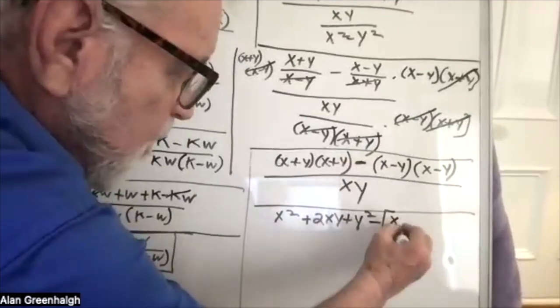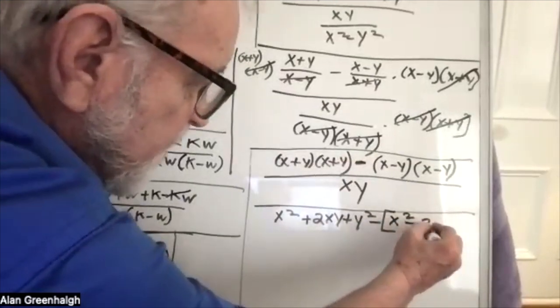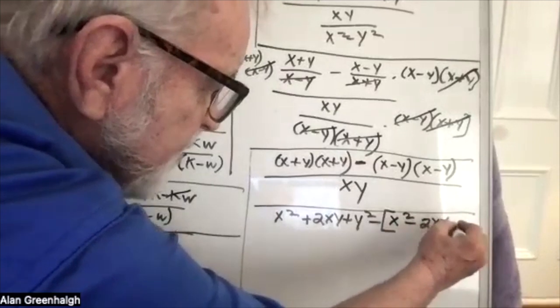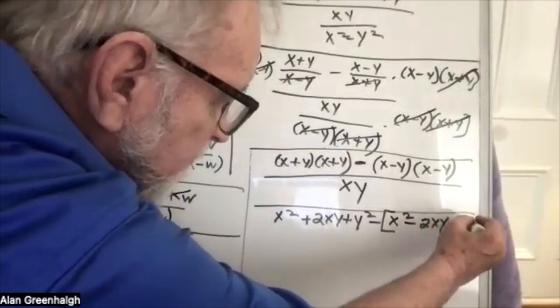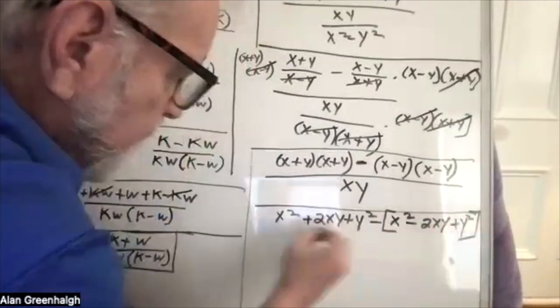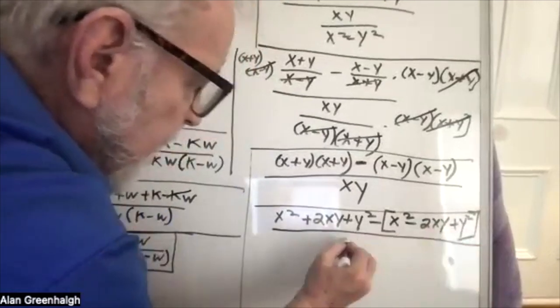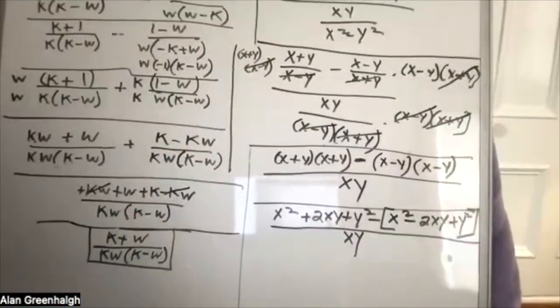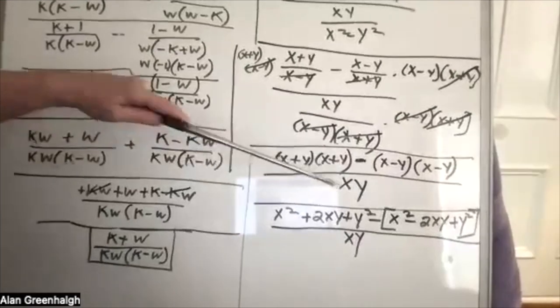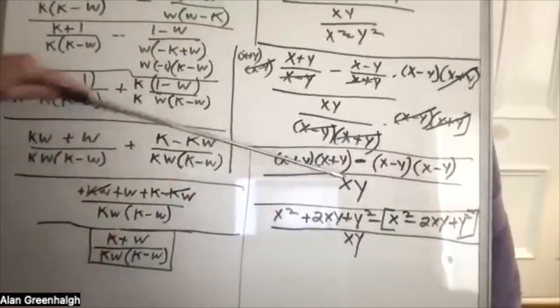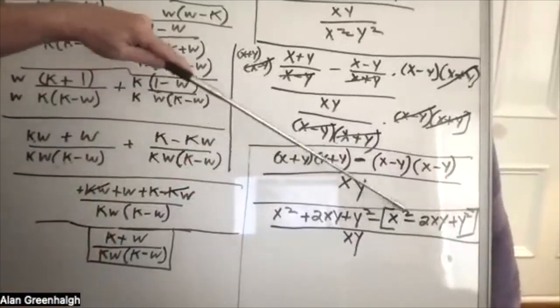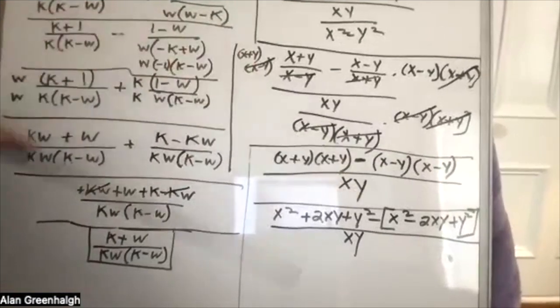This is x squared. This is negative 2xy. This is positive y squared over xy. Now I'm going to use that negative, this negative, for this entire expression.